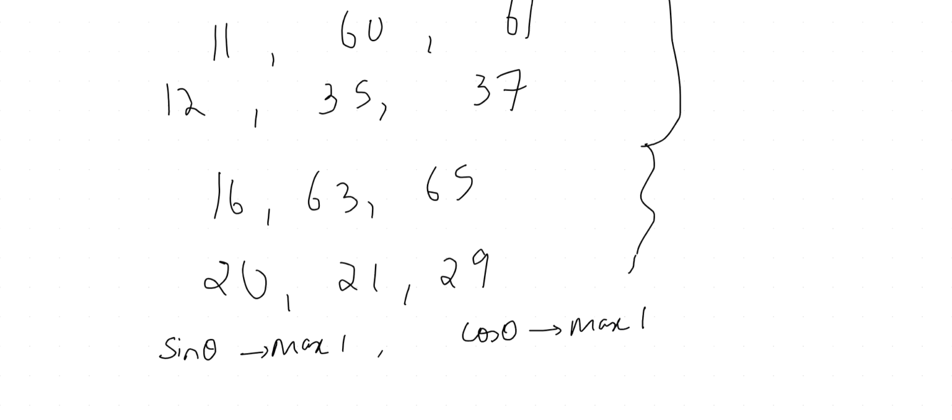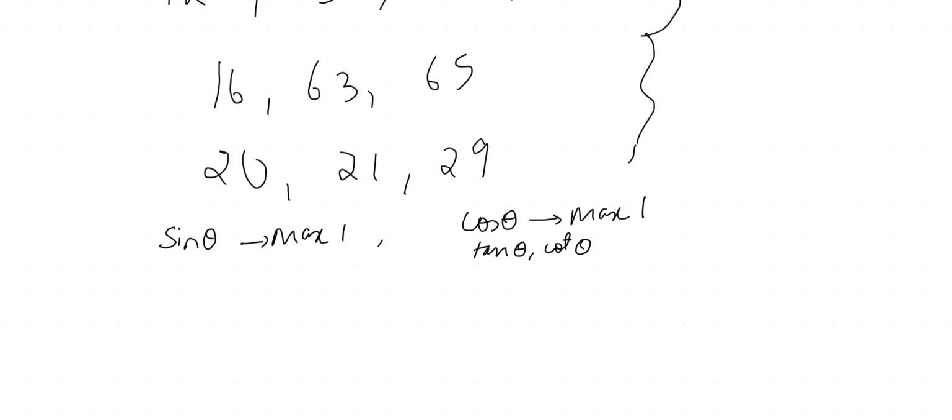But I told you that yes, secant and cosecant cannot come below 1. Their values are always 1 or above 1. And coming to tan and cot, they're unbounded. So you must be careful that your sine and cos will always be proper fractions, or the value for sine and cos cannot exceed 1.